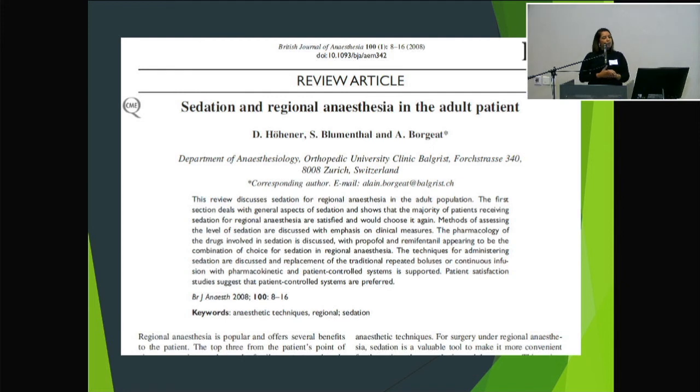This article from way back when also talked about all the drugs that we are using more and more these days. For example, remifentanil. But do we need to use drugs like remifentanil or big doses of fentanyl or opioids in a patient where you've actually got a regional anesthetic procedure on board? For example, regional anesthesia, I'm sure you guys have all got experience with different percentages.